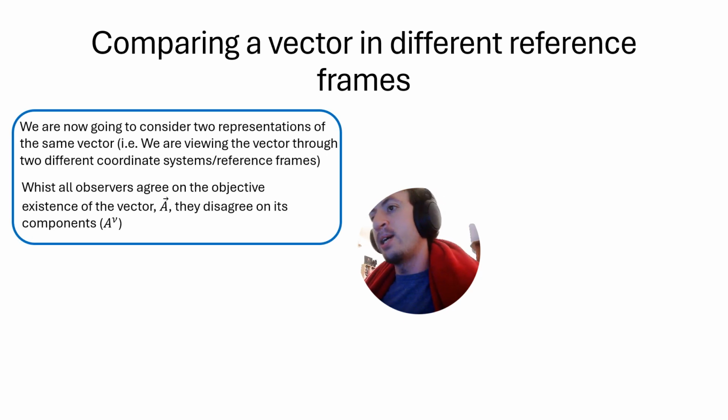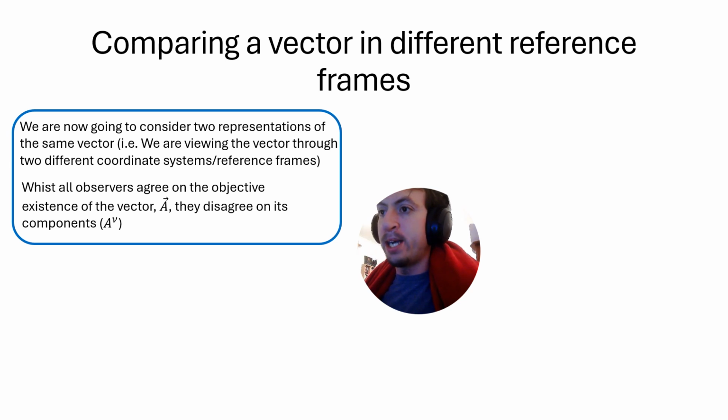And so let's say in one coordinate system, and borrowing language from special relativity, we'll call it the non-prime coordinate system. So all the indices are not prime, so we have A^ν instead of A^μ'. So A^ν is the component of our vector A along the νth axis in the non-prime coordinate system.